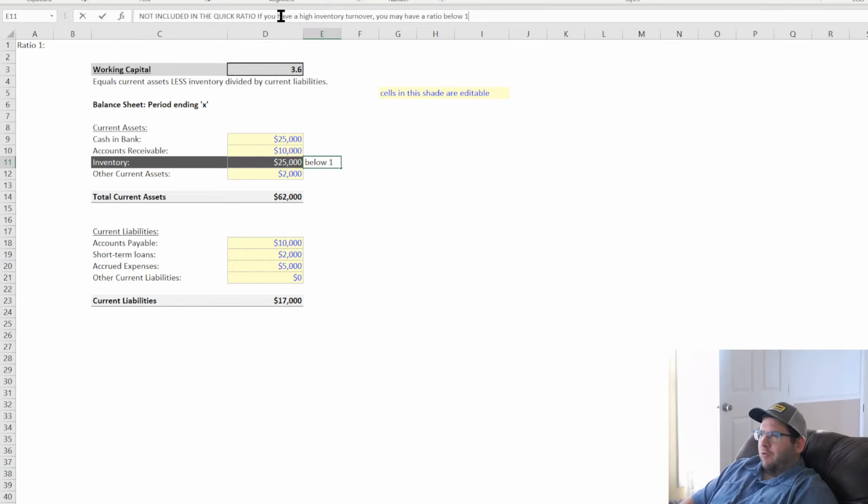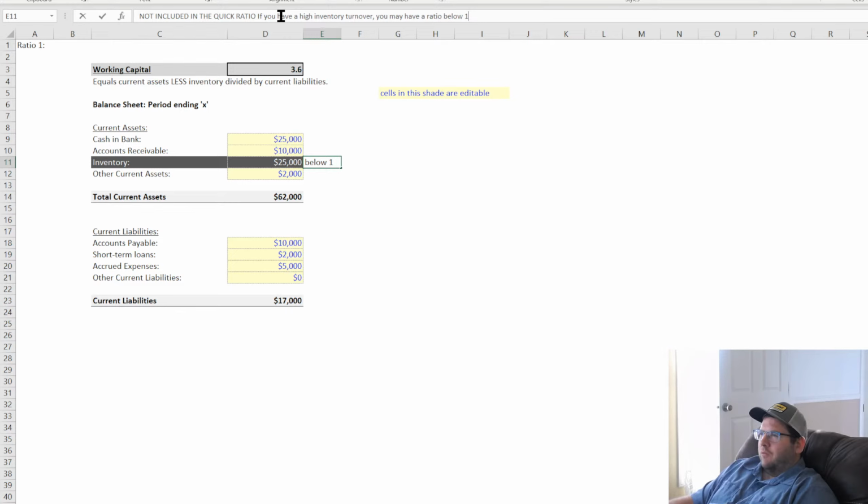But if you have a high inventory turnover, like you keep selling it, and that's not being calculated in your amount of assets to pay your liabilities, for example, if you turn over your inventory every other week, it could be that none of that's being counted in the ratio, even though it's a huge part of everything. And it's just looking at the amount of cash you have saved up, which if you're a growing company, you might not have much because you're investing it. It's still looking at receivables, and then essentially anything else you can turn into cash within a year.